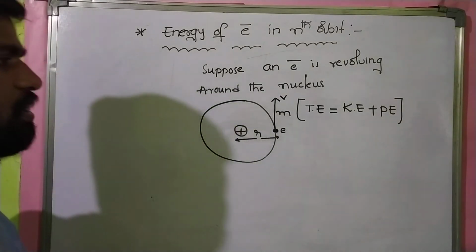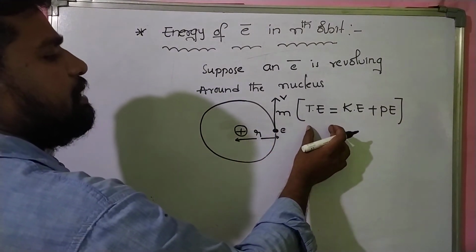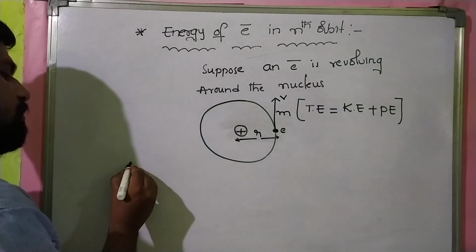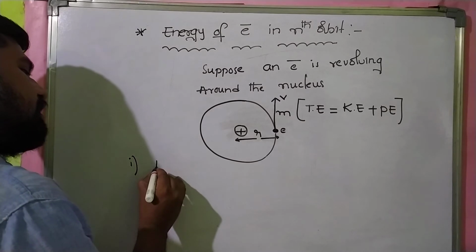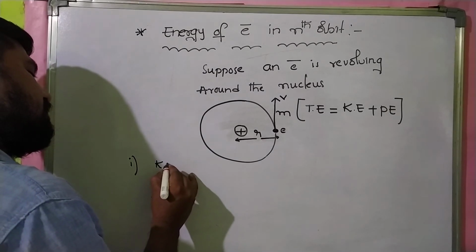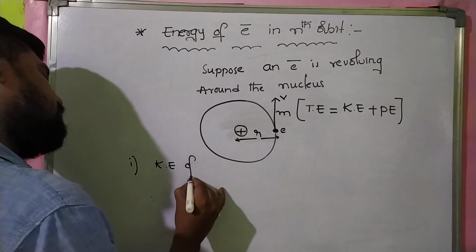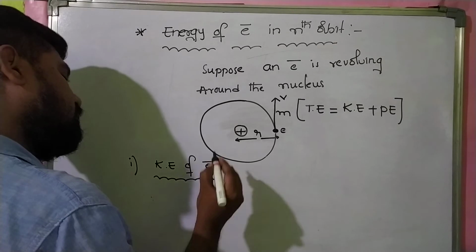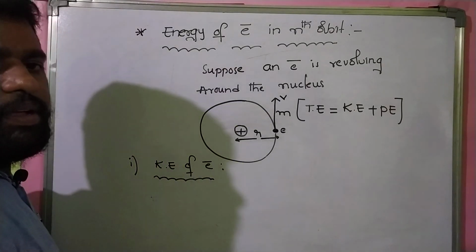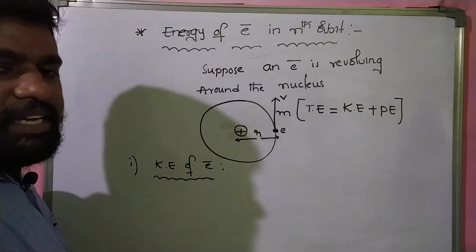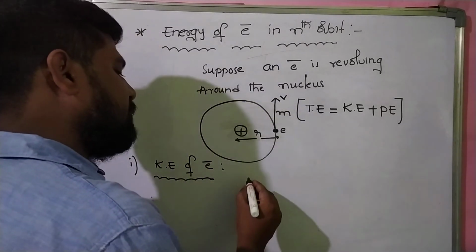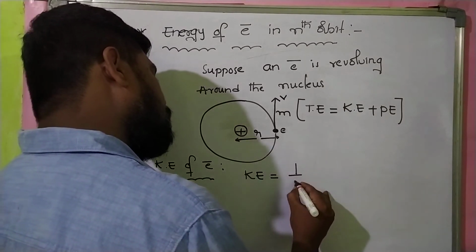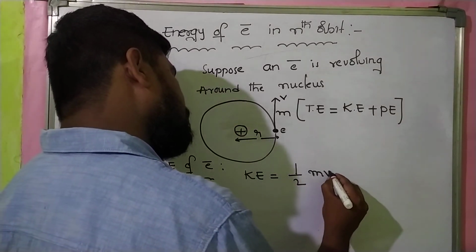Now we will calculate these one by one. First of all, the kinetic energy of the electron. What is the kinetic energy formula? Kinetic energy KE equals half m v square.